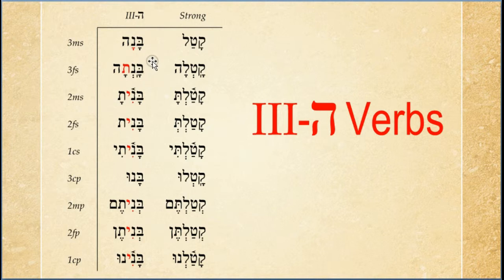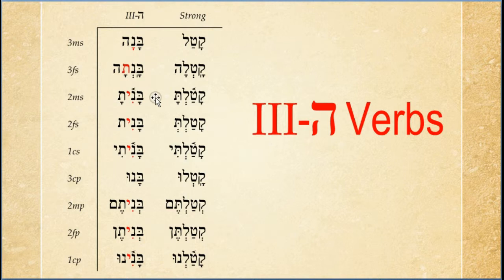The hey just simply drops out and is replaced by tav. So instead of bana, you have banita. Look what happened. It was replaced by the tav. And in the second person masculine singular, the hirik yod comes in under the stem vowel.